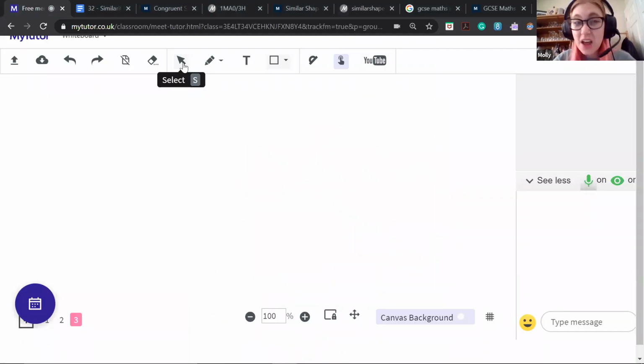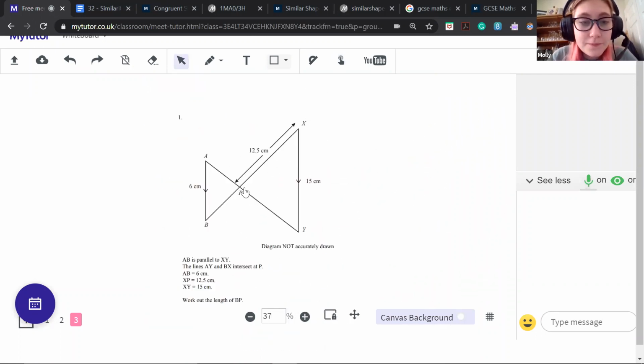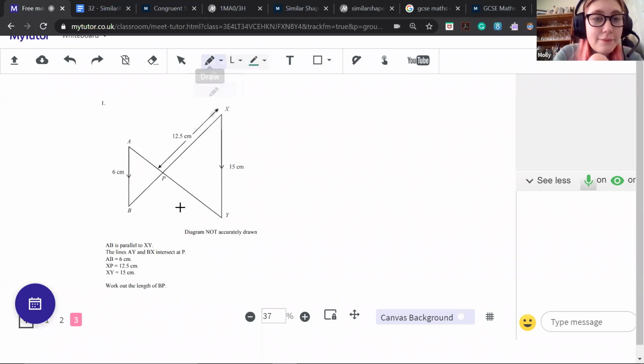It's basically enlarging a shape. All of the sides kind of stay in the same ratios. So let's have a look at this one here. So we have that AB and XY are parallel, and XP is 12.5, AB is 6, XY is 15, and we want to work out the length of BP.